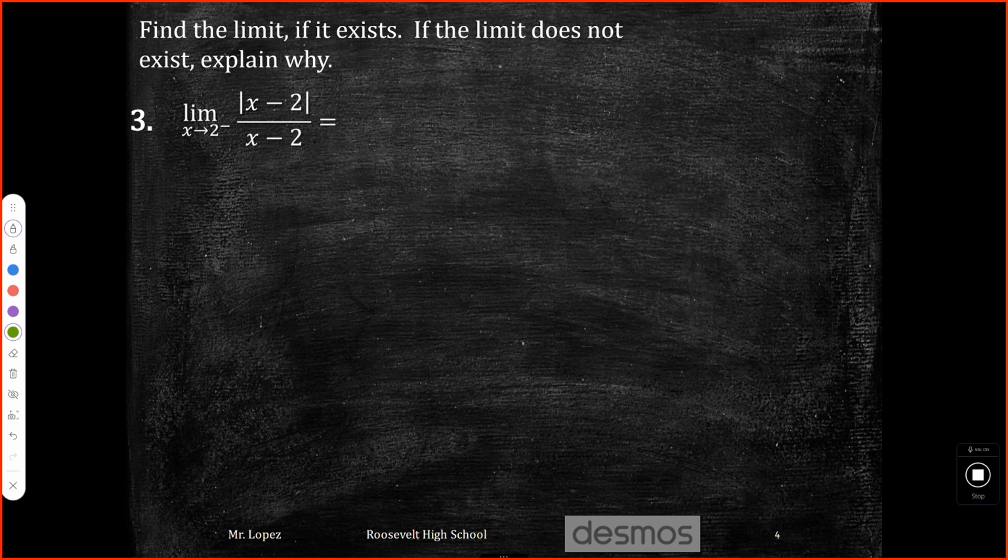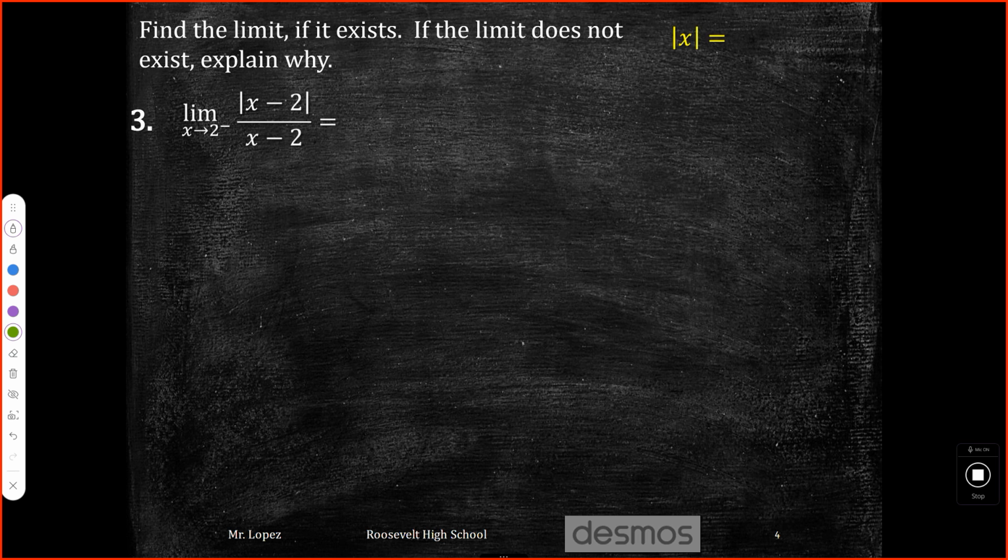Find the limit if it exists. If the limit does not exist, explain why. So these are absolute value limits. The limit as x approaches 2 from the left of the absolute value of x minus 2 divided by x minus 2. We have to understand what an absolute value function is.